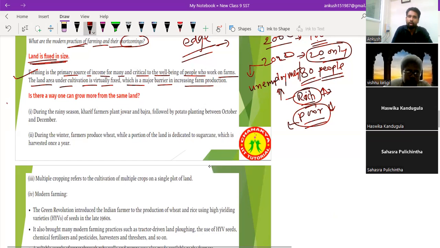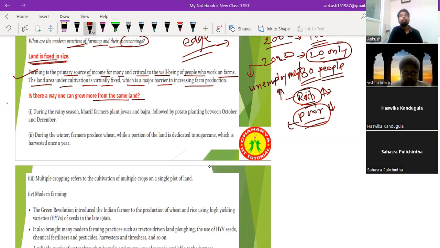Is there a way one can grow more from the same land? Yes, there are other ways as well. Whatever production is taken in the farm is not limited to one chance only. The farmer can go for 3 times to cultivate the land. Understood? 3 times.